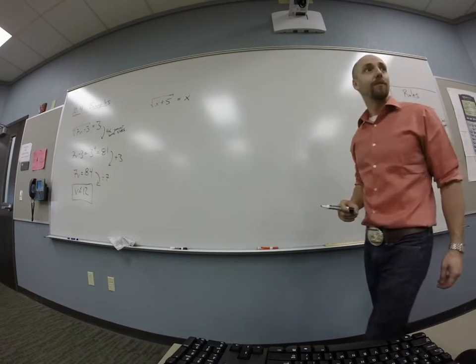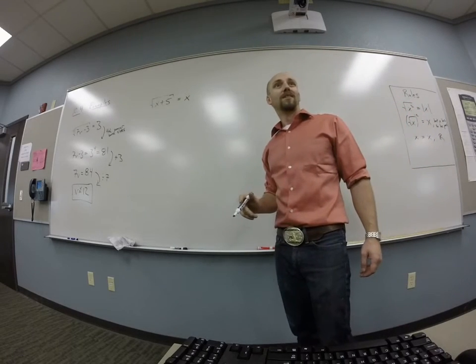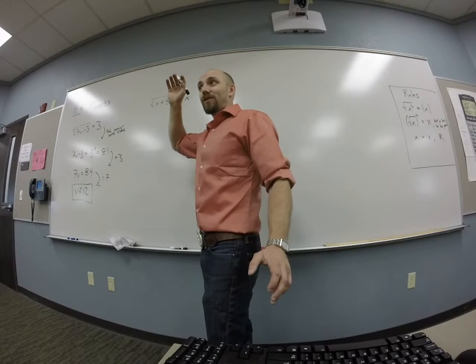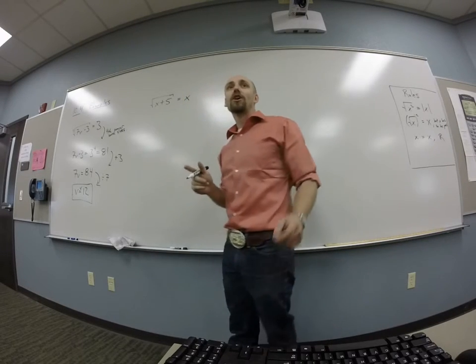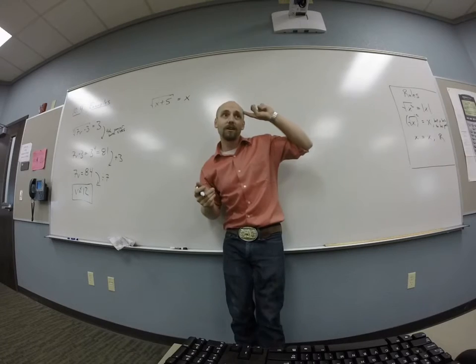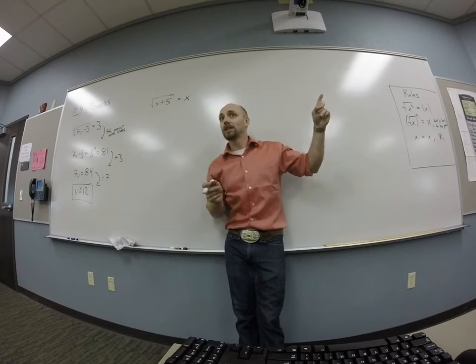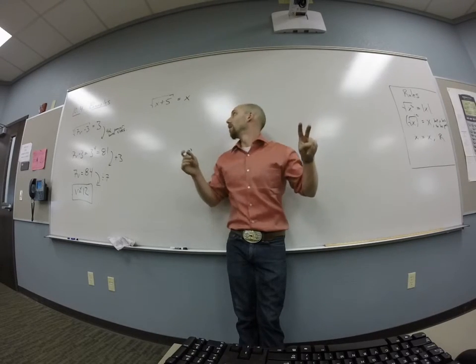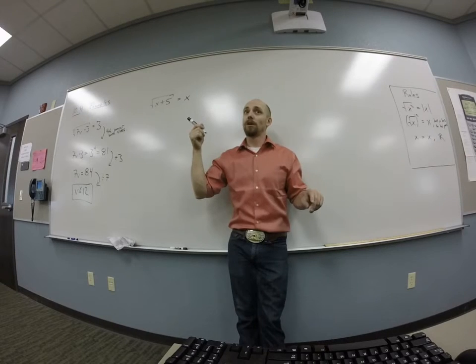All right, so what do I do first? Okay, so options are what? Either square both sides, seems like a good idea to me, or panic. Can't take the 5 out, it's under the square root.